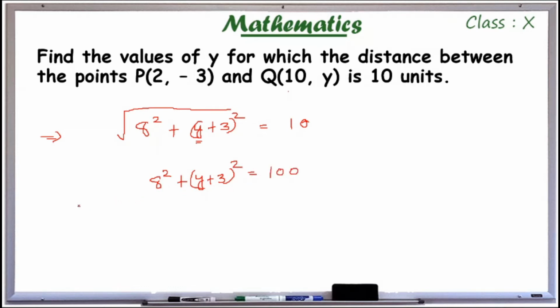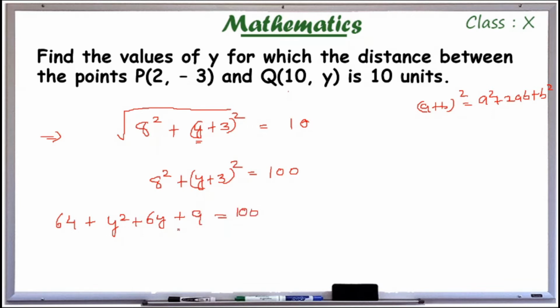Expanding this, we get 64 plus (a plus b) all square. (a plus b) all square is equal to a square plus 2ab plus b square. From that we expand: y square plus 6y plus 3 square, which is 9, is equal to 100.